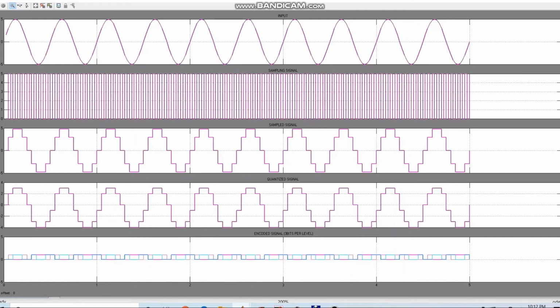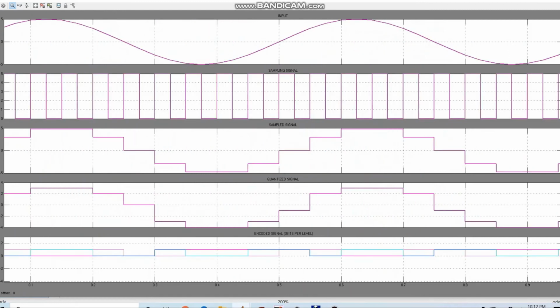And you can see here in this particular graph, there are 3 different colors. This one, yes, the purple one and the blue one. And this is our encoded signal, which is actually multiplexed. We can demultiplex and visualize these 3 signals differently.